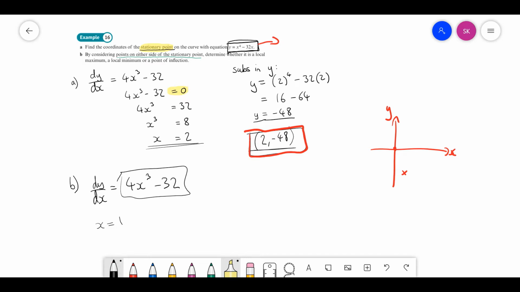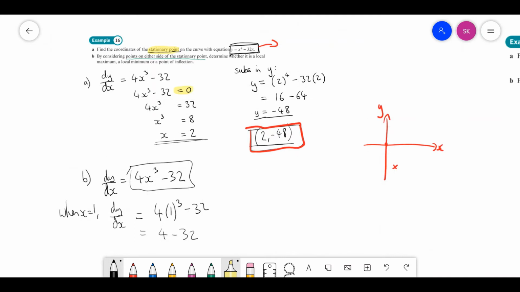So let's look at when x is 1. 4 bracket 1 cubed minus 32. That's the same as 4 minus 32, which is obviously negative 28.